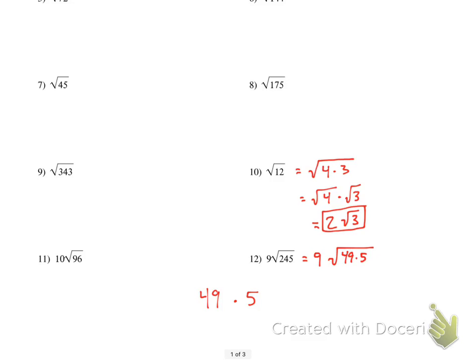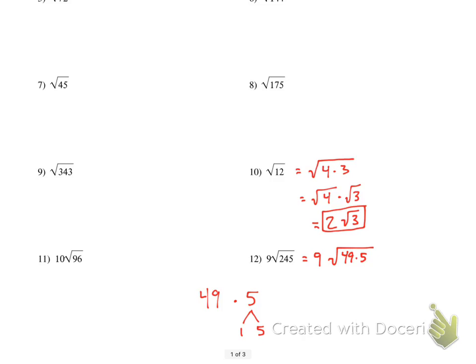Is there still a perfect square factor of my remainder? You don't have to think through this because it might confuse you. If it does, just remember, keep plugging and chugging until you find the biggest number that works. But if you want to dig into it a little deeper, you could say this: 5 only has 2 factors, 1 and 5. Neither of those is a perfect square, so I'm done.